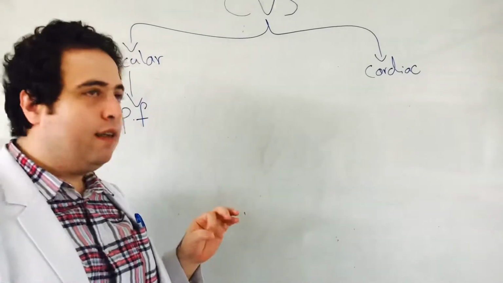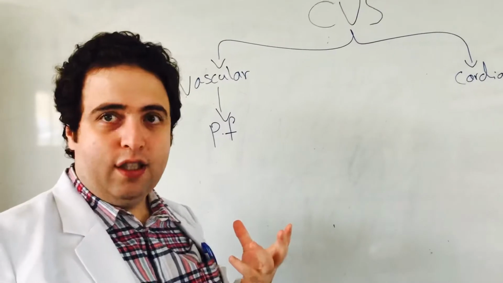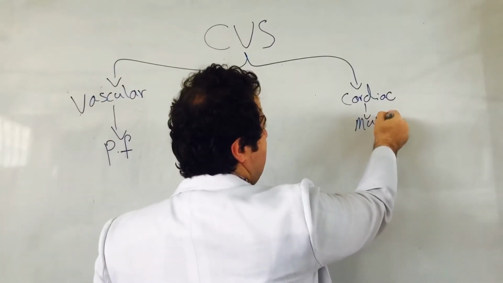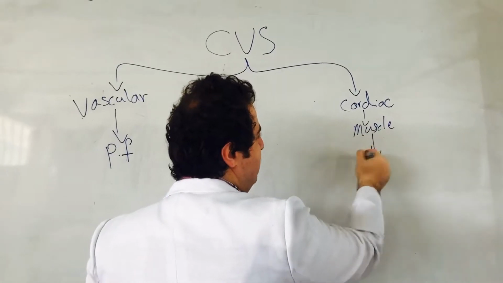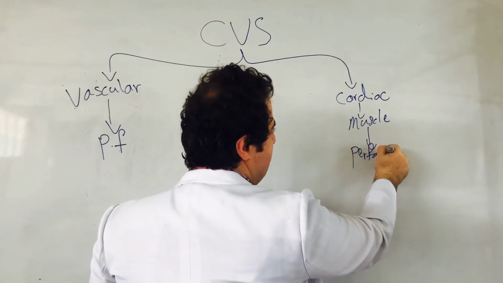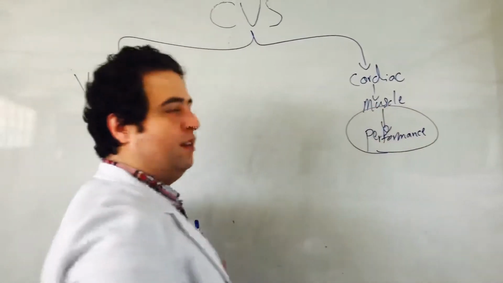So when I am saying cardiac, I am talking about muscle, right? So when I am talking about muscle, I am talking about the performance of this muscle. How will I know the performance of cardiac muscle?